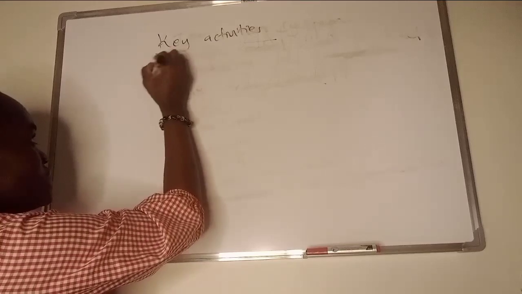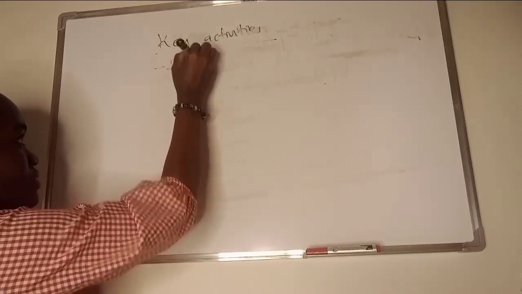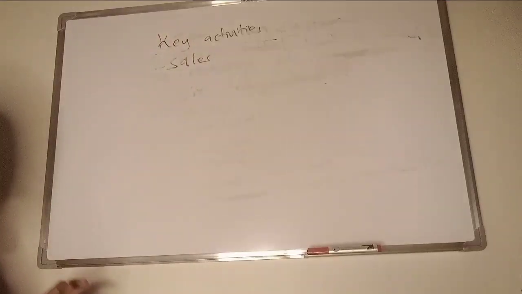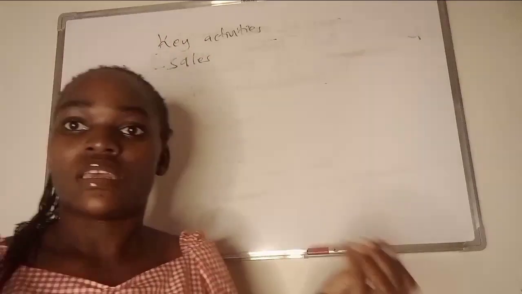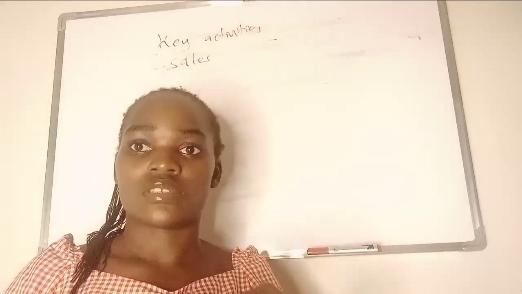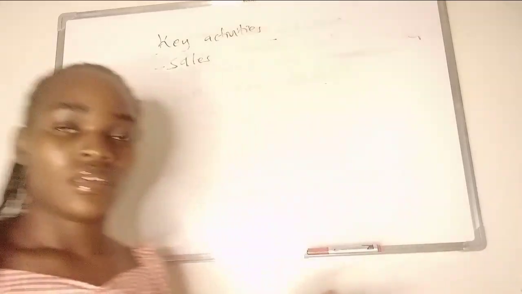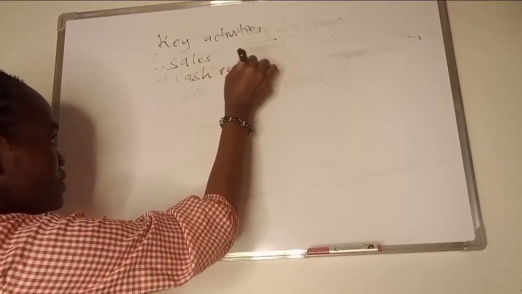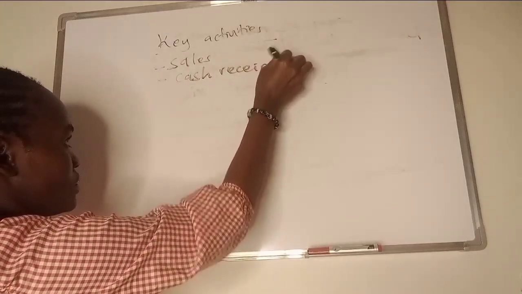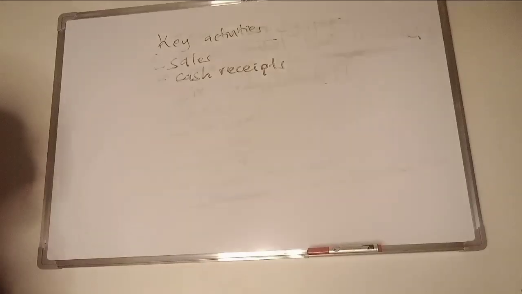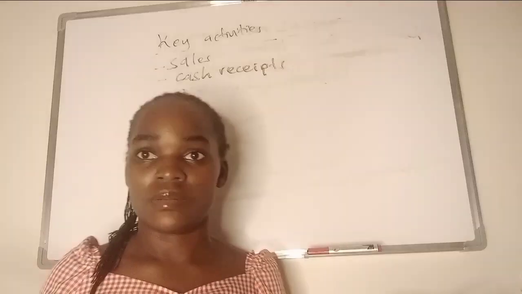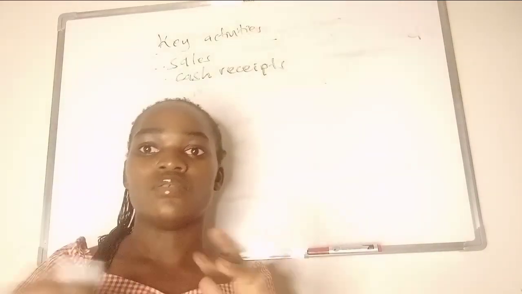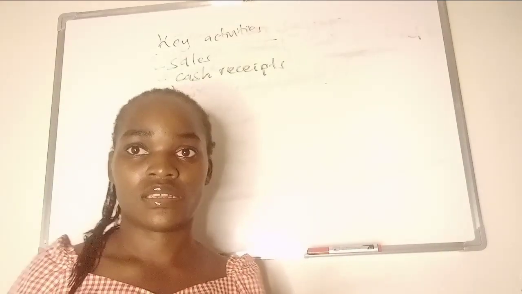So we shall start with the key activities. The first activity is sales itself. In the sales system, there is selling. They have to sell goods for money. Then there are cash receipts: when you sell, you receive money, and you make receipts for customers.